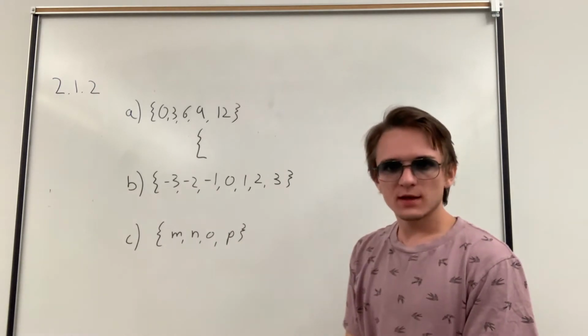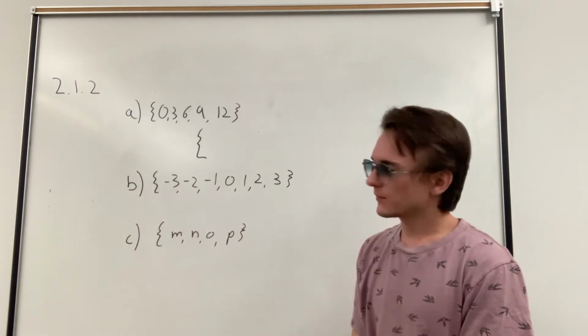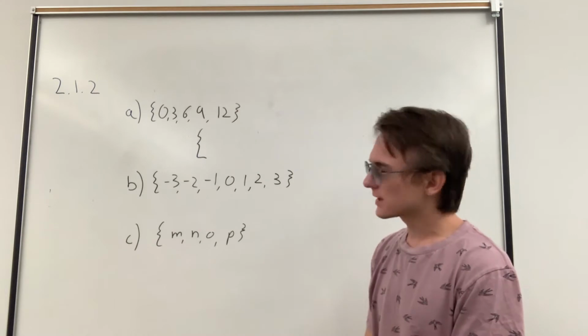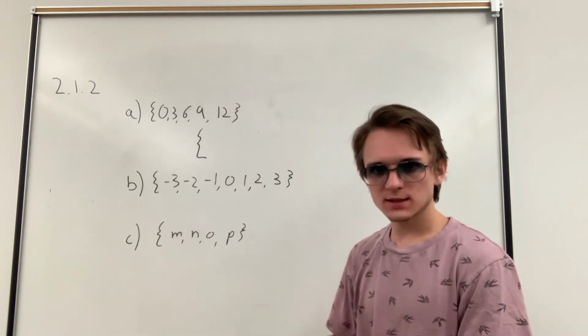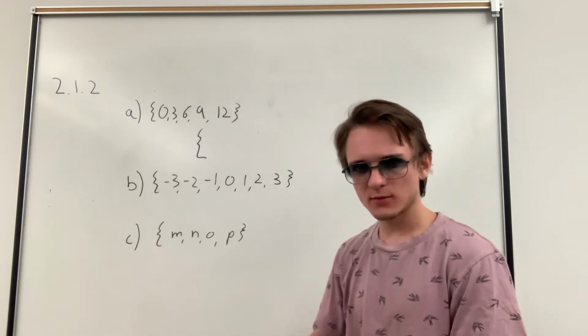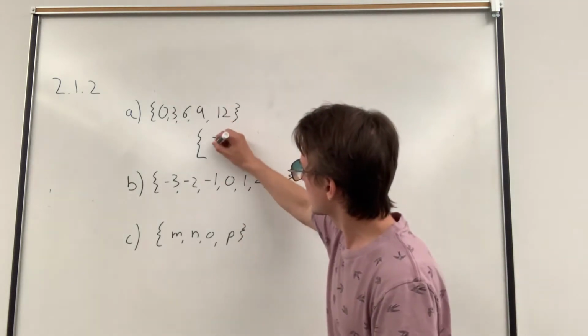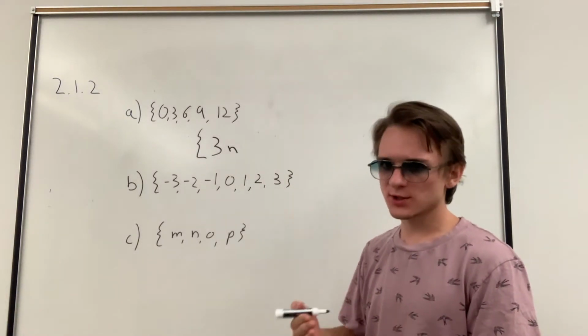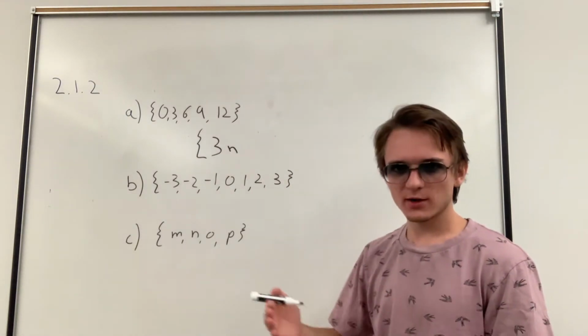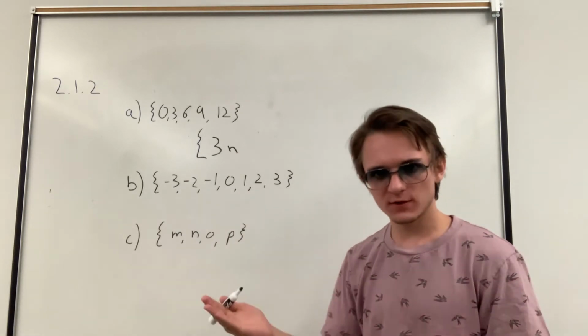Clearly, everything in our set is a multiple of 3, right? We have 0, 3, 6, and so on. So let's say that everything in our box is 3 times n, where n is some integer. But there is a condition here, right? So it's not just 3n, because 3n would imply it goes from negative infinity to positive infinity.